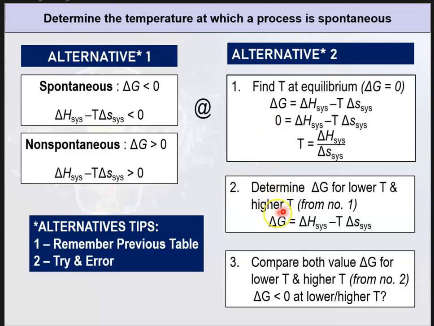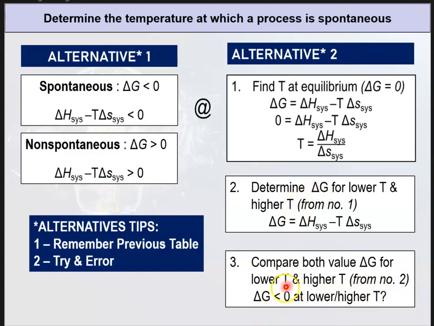Second, determine delta G for a lower temperature and for a higher temperature, using this equation as well. Then compare both values of delta G for lower temperature and for higher temperature.